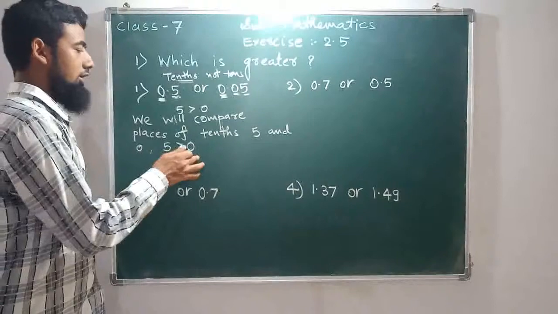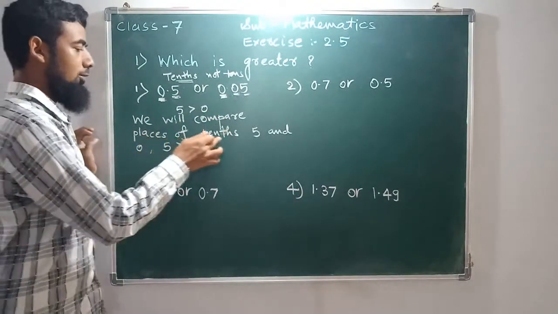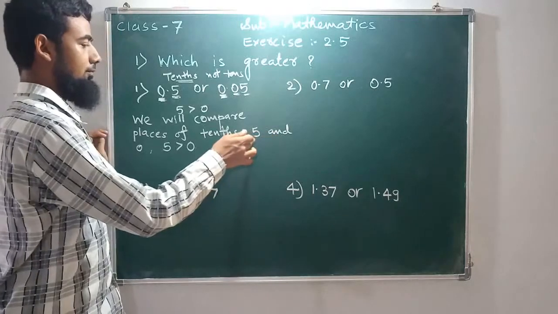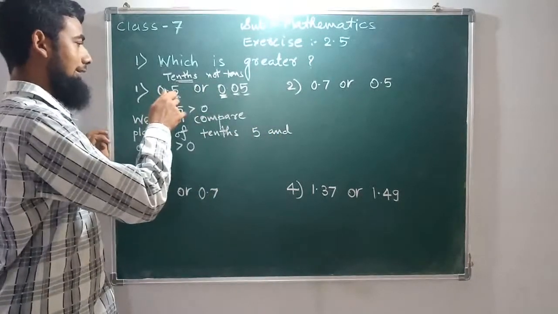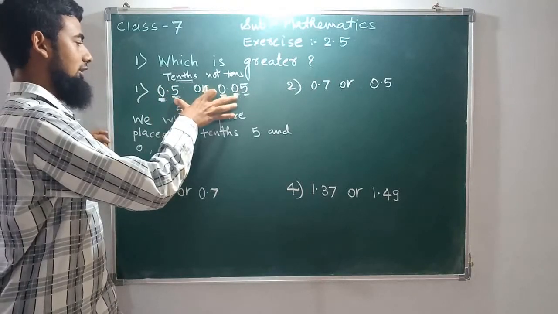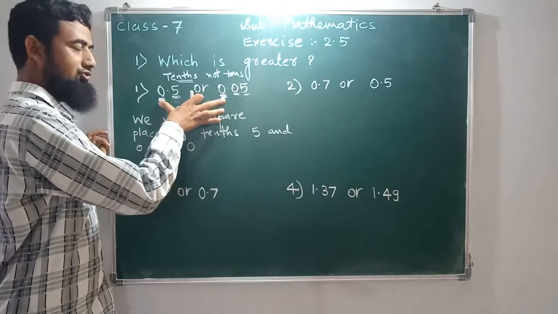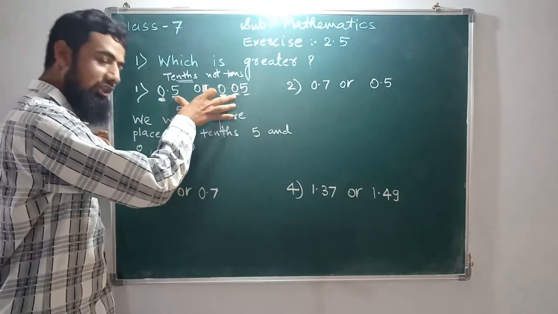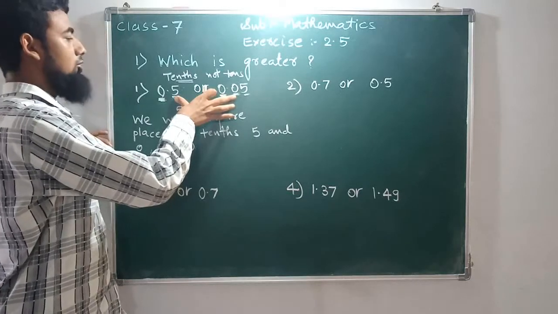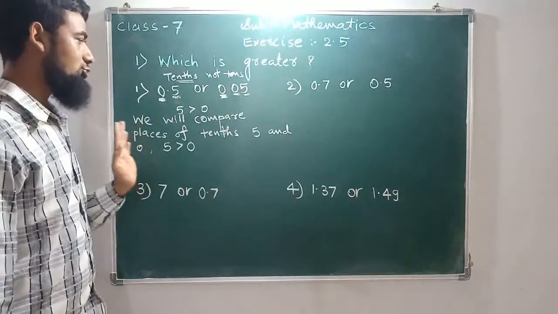So automatically beta you can write, we will compare places of tens, 5 and 0. I am comparing places of tens on both sides, because here the places of ones, 0 and 0, both are same. So we will move on to the places of tens. If this number is also same, we will move on to the places of hundreds. Understood what I am telling you?